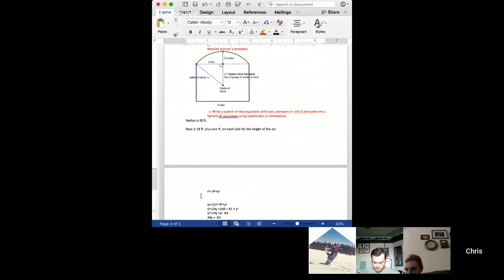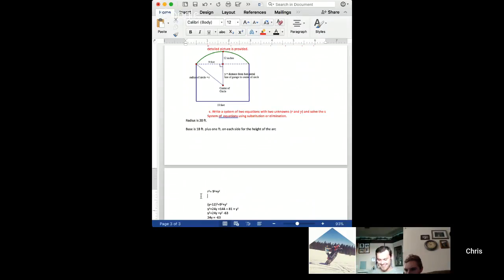I just realized that's why it doesn't work. This distance, y plus 12, doesn't necessarily equal this length.